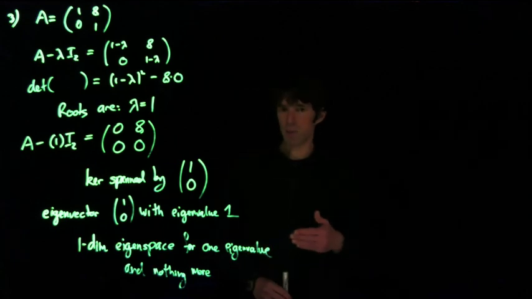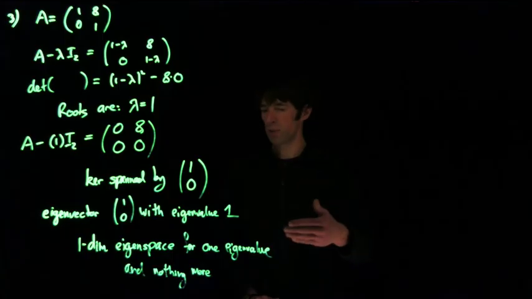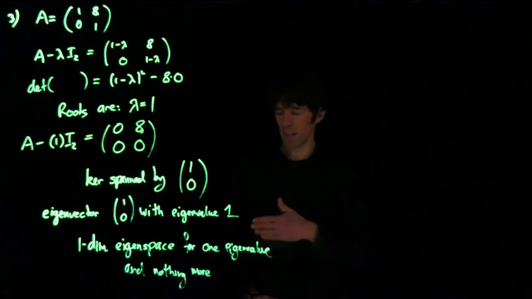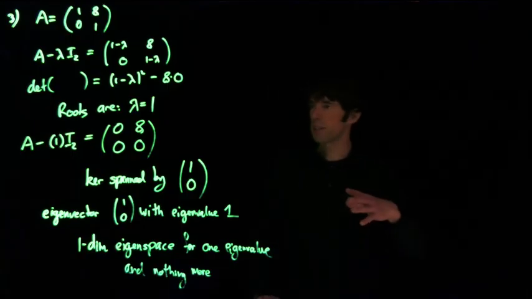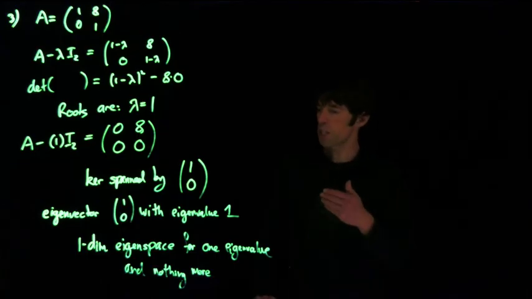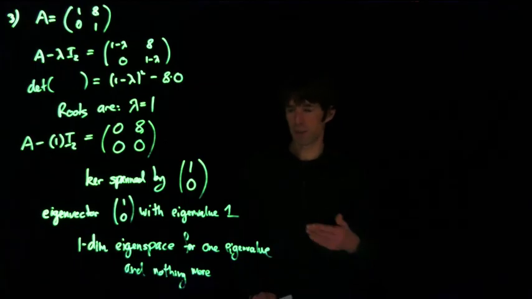So in both of those cases, we had a basis of eigenvectors. But in this case, we found one eigenvalue and a 1-dimensional eigenspace and nothing more. So even though this is a linear transformation from R2 to R2, we can't find a second eigenspace to fit with this.